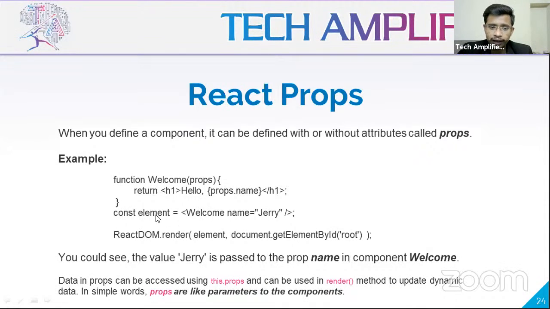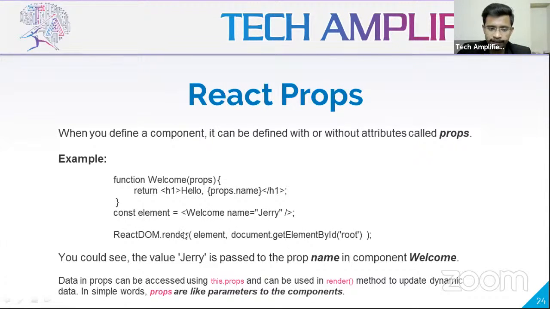Now this welcome is not only having the welcome tag, it is also having the h1 tag, and this element we are trying to render on the screen, on the UI. Where we are going to render it, the element will be rendered at the place whose ID is root.